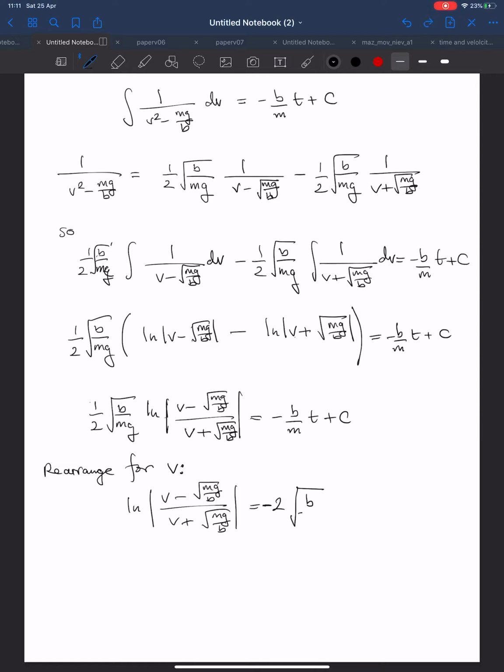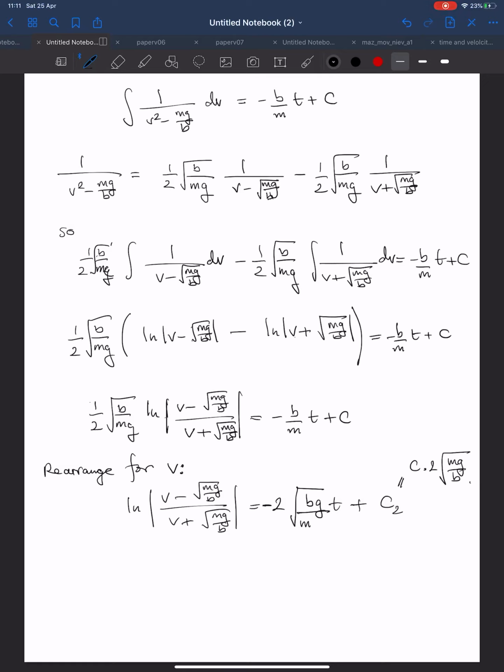Sorry, that's wrong. Square root of m in the numerator. So I'll have the square root of bg over m, t, plus now I'll put c2. c2 is just equal to c multiplied by twice the square root of mg over b. That's all it is. It's an arbitrary constant, so I don't really care too much about this. That's just how it is.